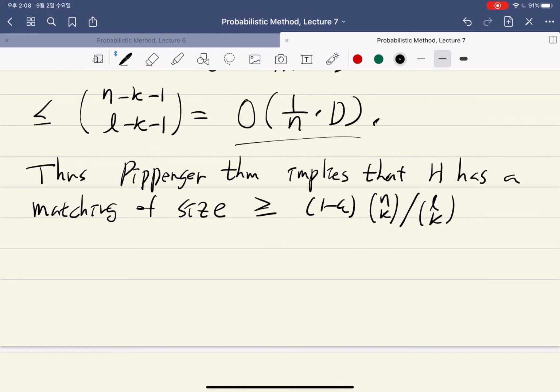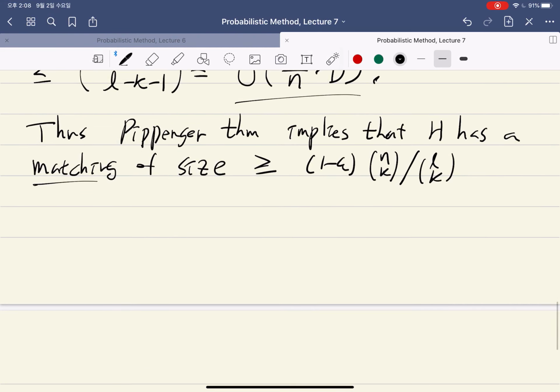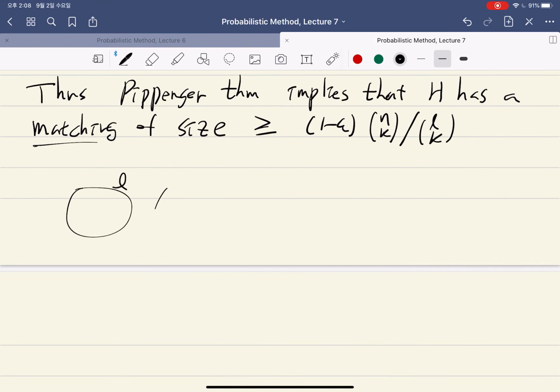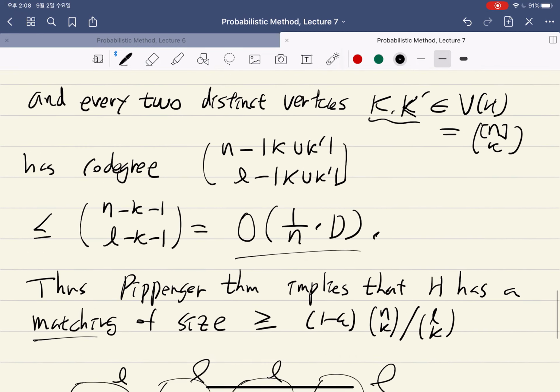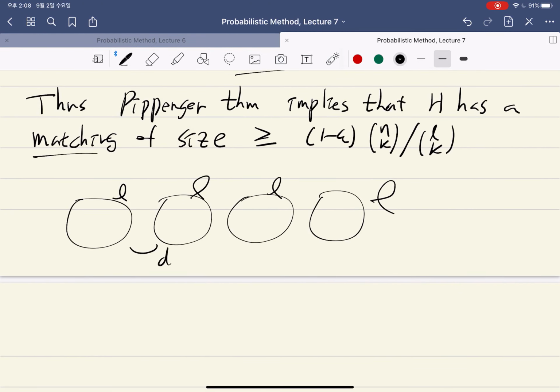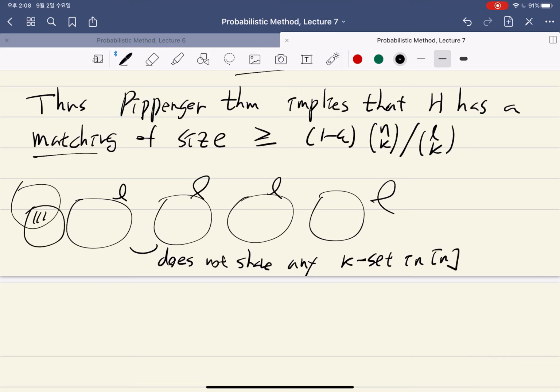But what is this matching? This matching is a set of sets of size l which are disjoint in H, meaning that they do not share any k-set in [n]. So they can actually intersect in a set of size less than k.